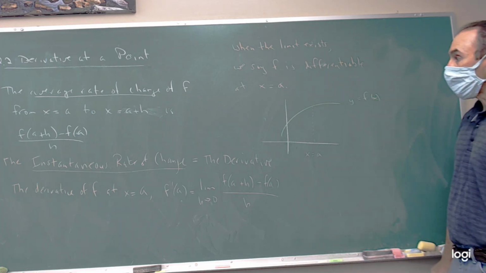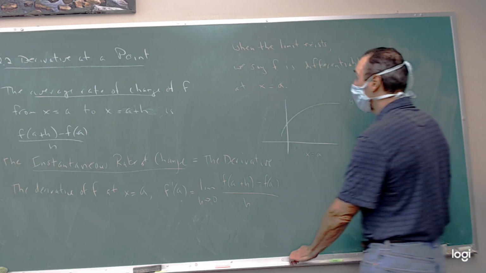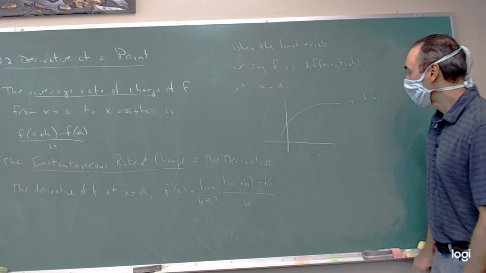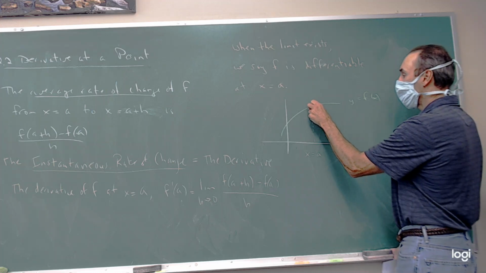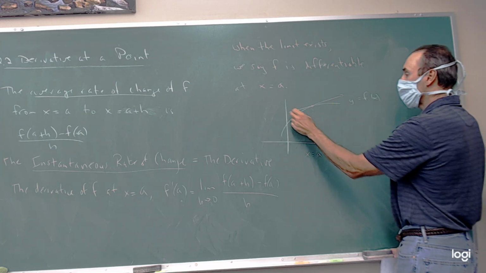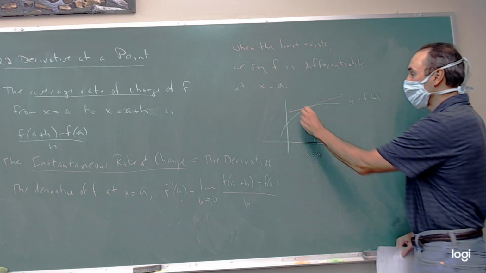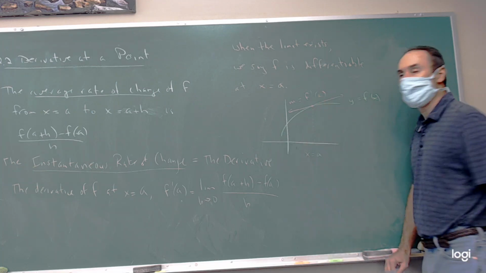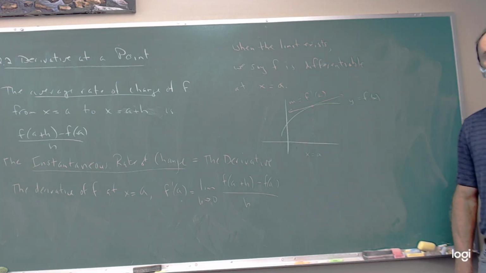What the whole idea from Newton and Leibniz is, they wanted to know what is the slope of the tangent line to the curve at that point. So that m, it turns out, is exactly what we're going to call f prime of a.